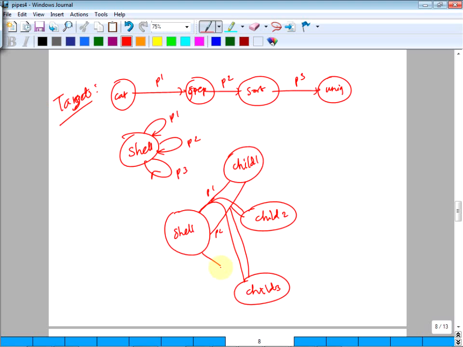And pipe 3. Then you selectively close the appropriate ones and dup, and basically once the unnecessary ones are closed, it becomes easier, right? For child 1, for example, you don't need pipe 2, pipe 3. You have 4 children, isn't it? You need 4, not 3.